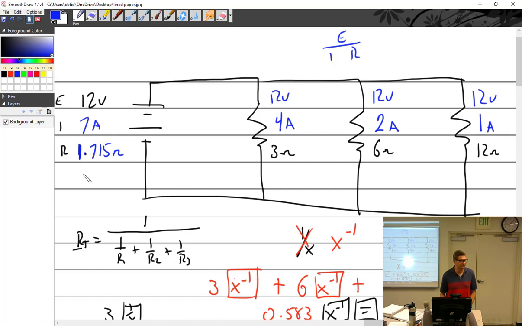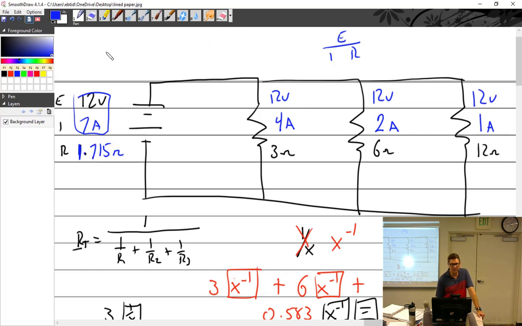Yep. Beautiful. Why do you do the E first? Why did I put the 12 across the top? I just decided to, I don't know, you can do anything. I had all 3 numbers. I just want to check to make sure all 3 of them match Ohm's law.